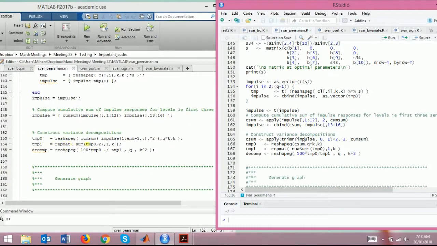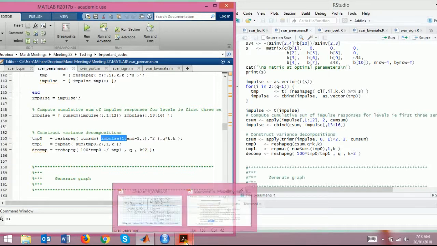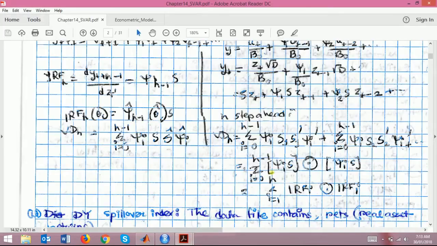Variance decomposition is, first TMP0 is I 1 to n minus 1 to q rows, q into q rows, k columns. So taking the complete variance decomposition, we are taking impulse response, which is 1 to n minus 1 rows. So lag 1 to n minus 1 rows.